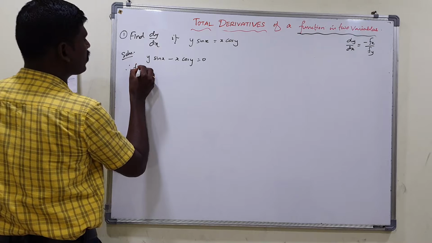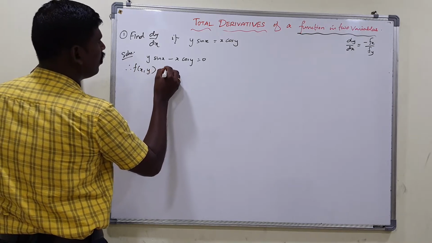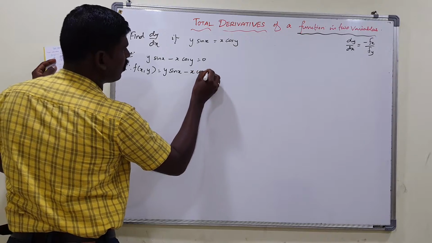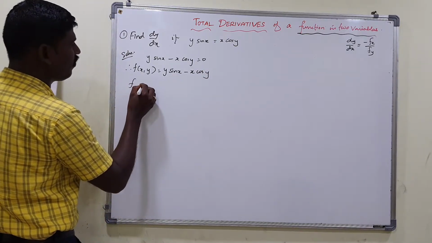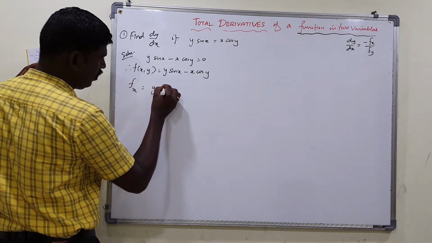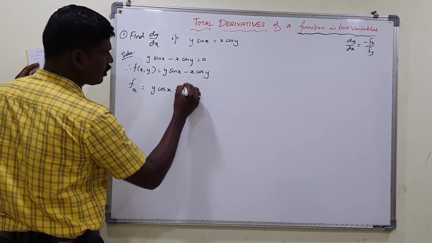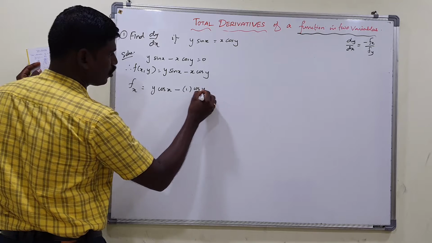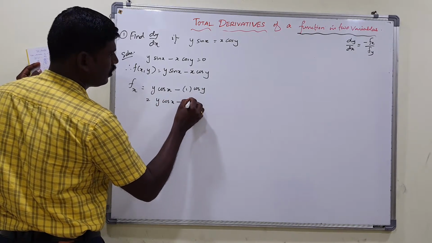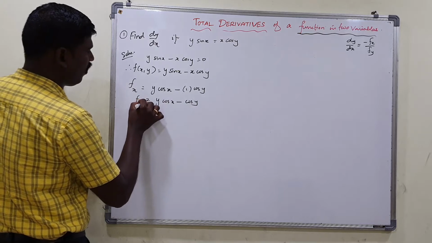Therefore, what is f of x comma y? y sin x minus x cos y. So what is the partial derivative of f with respect to x? sin x becomes cos x, y into cos x minus x becomes 1 into cos y, isn't it? So y cos x minus cos y. This is the value of fx.